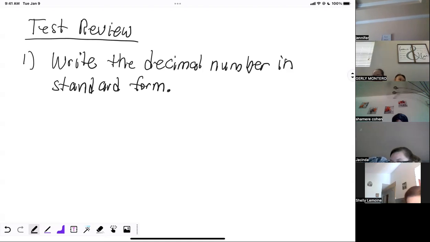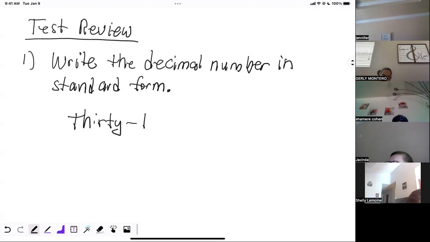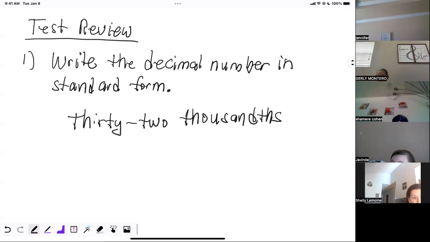You might not remember what that is until you actually see what they give you. They say something like this: 32 thousandths. So basically you're writing out the number. How do you write 32 thousandths as a decimal?